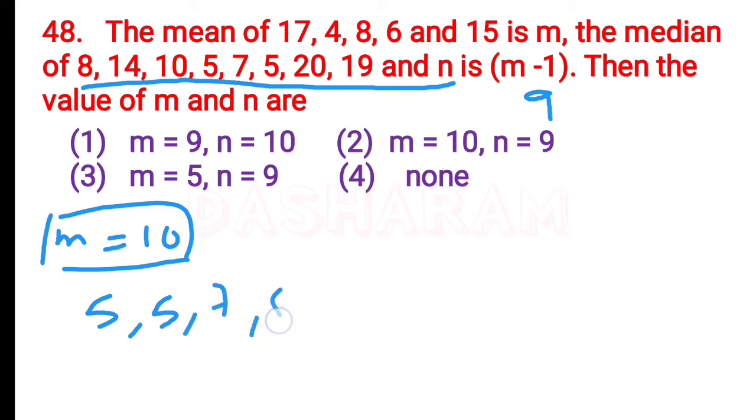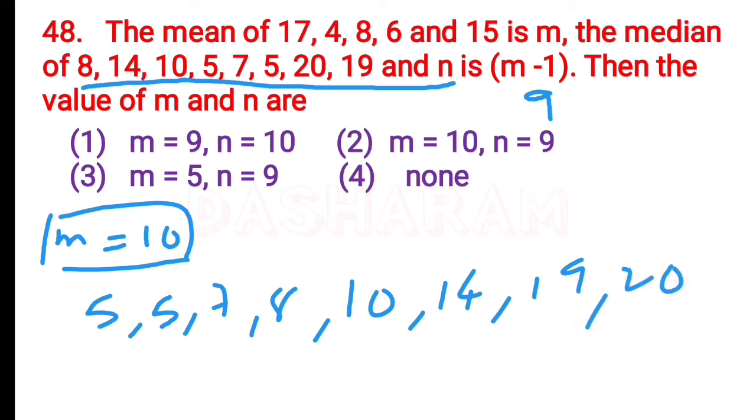So 7, 8, next 10, 14, 19, 20 and next to that n. In total, how many? 1, 2, 3, 4, 5, 6, 7, 8, 9. So there are 9 observations in total. That means the middlemost value is the median. The fifth one is the middlemost value: 1, 2, 3, 4, 5.